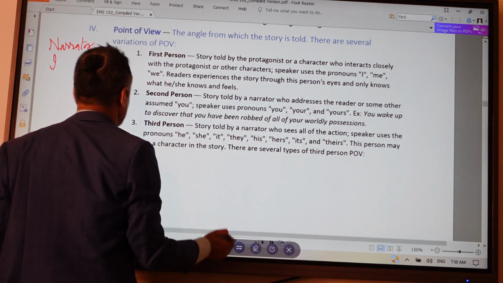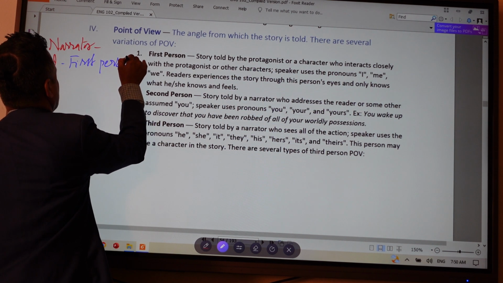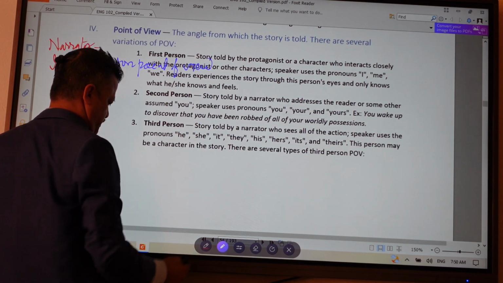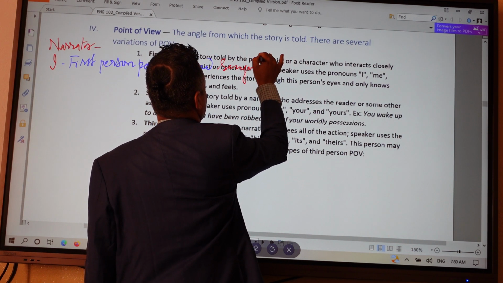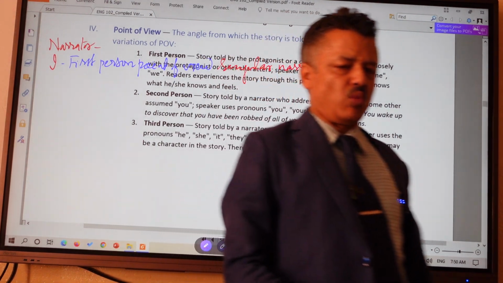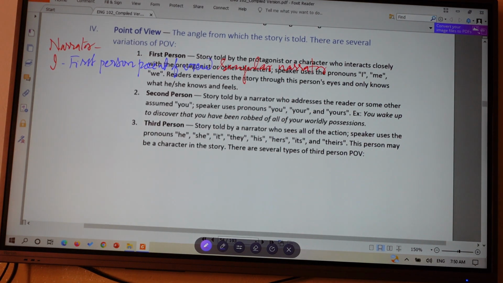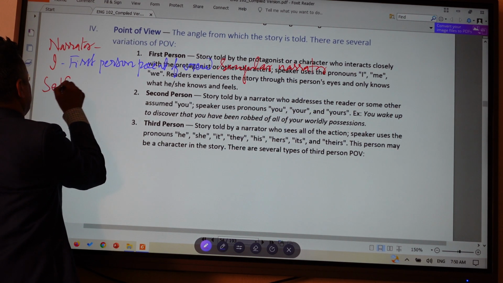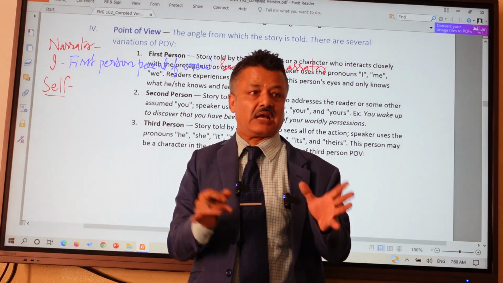So this is first person point of view, and I is singular, so this is a singular narrator. And what difference does it make in first, second, third person? When you have an I telling a story, you will see that this I tells more about self. There is more self-revealing. The narrator tells about himself.